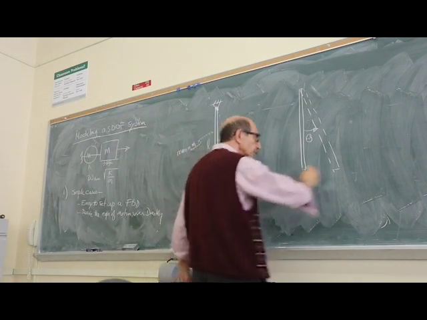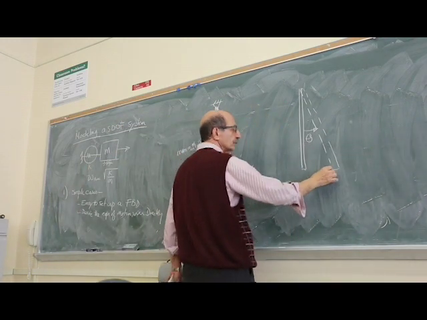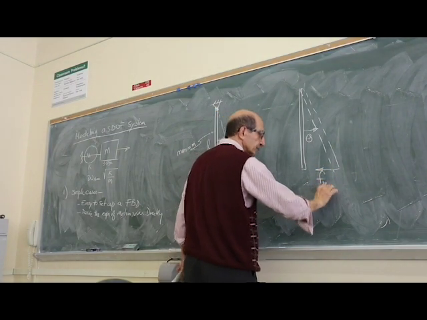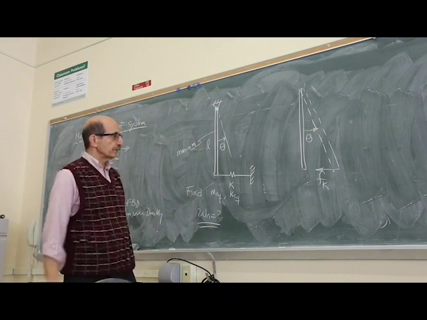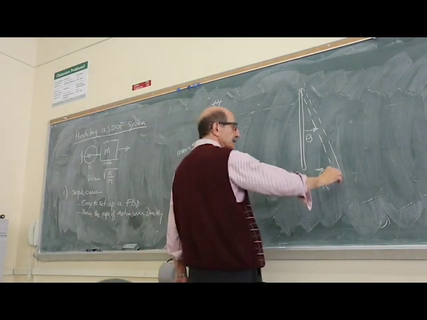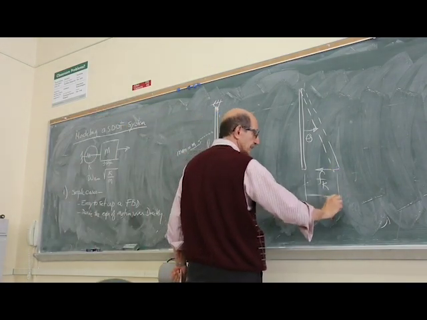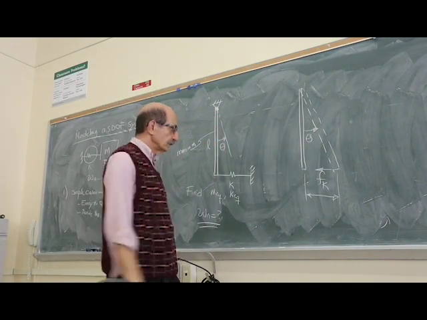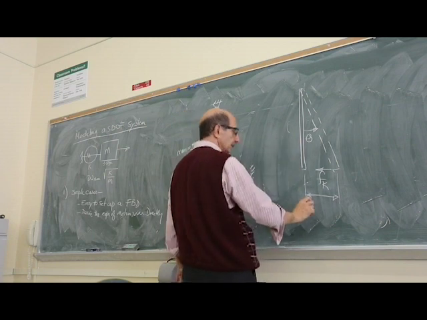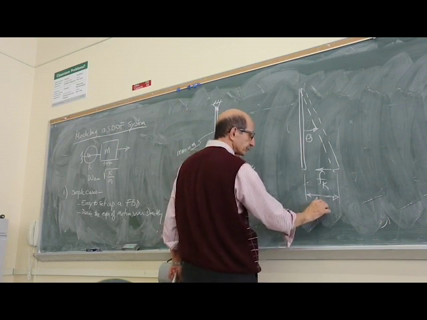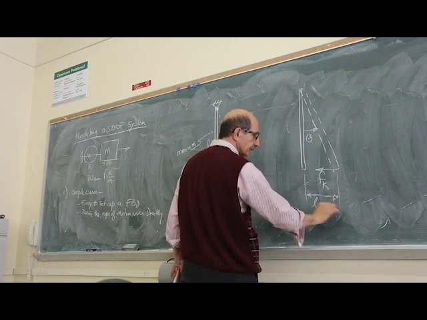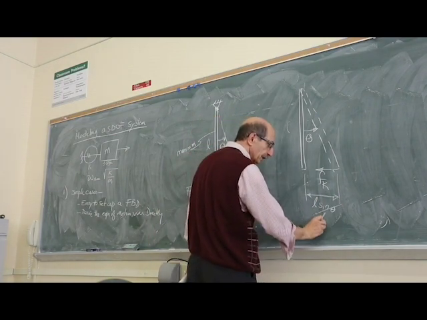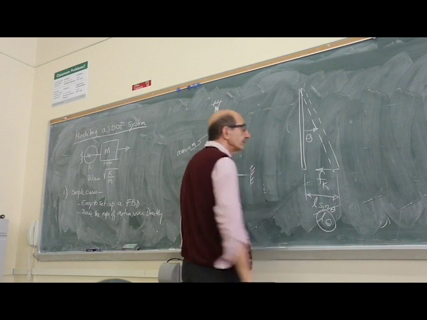So if this thing moves in that direction, obviously this spring will experience deformation, and that deformation, due to that rotation, angular motion would be what? If this is L, this would be L sine theta, and if the angles are assumed to be small, this would be L theta.